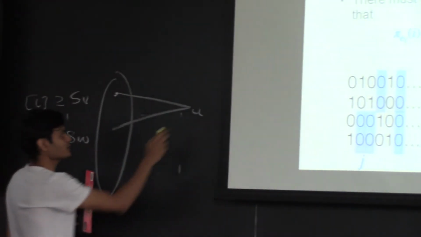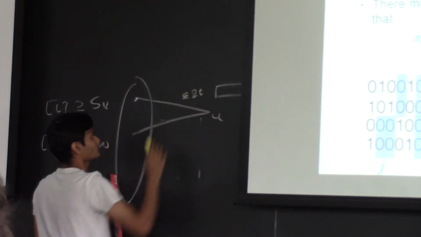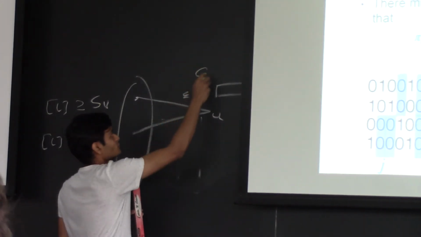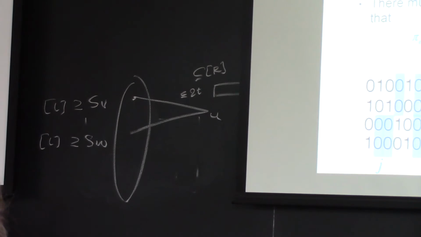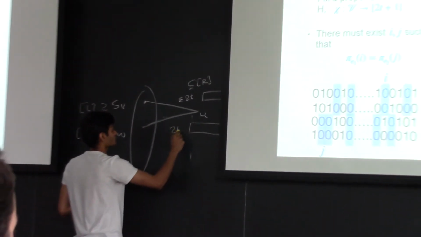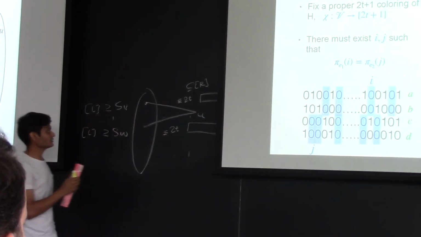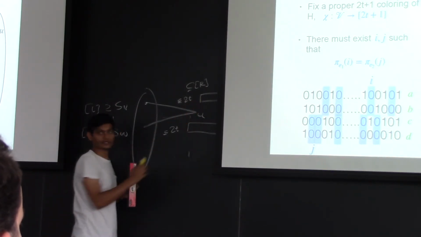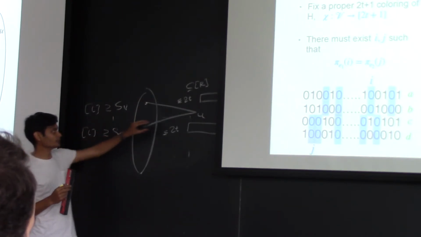You will see some subset of R of size at most 2t, because we are projecting only 2t labels. Similarly, this will give you some subset of size 2t. And what this condition says is that these subsets must intersect, because there must be a coordinate here and here which project to the same element.